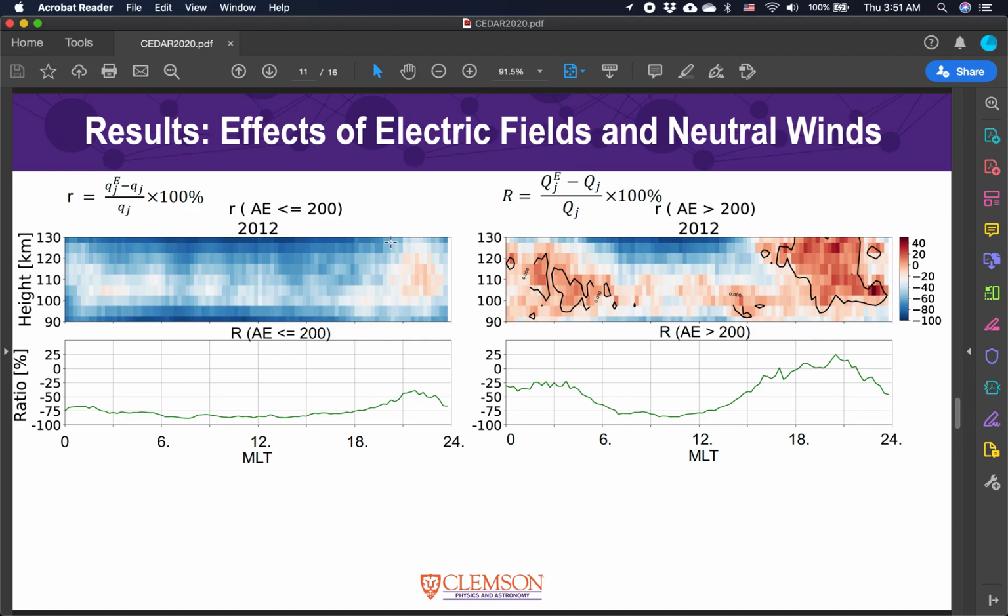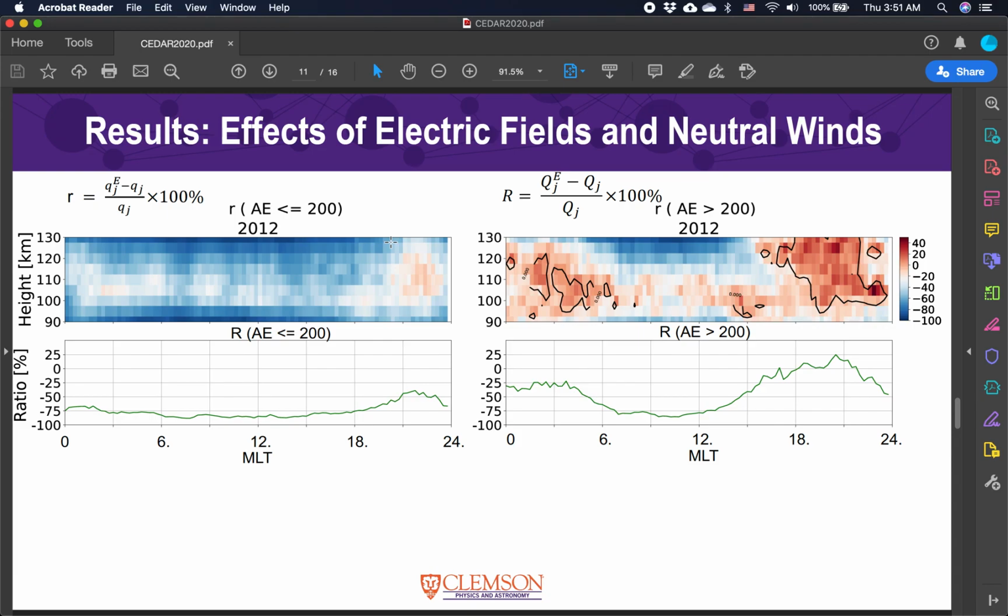This ratio indicates the effects from the electric field. So when this value is large, it indicates that the electric field plays an increasing role in Joule heating. When this term is very small, it indicates that the total Joule heating comes mainly from neutral winds.